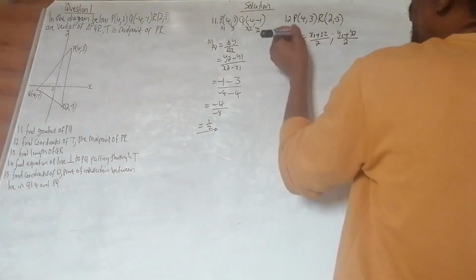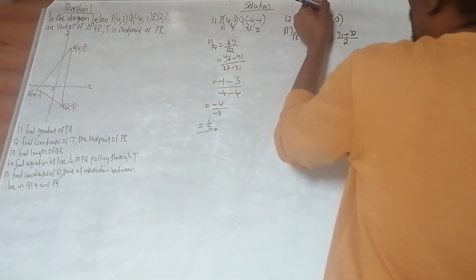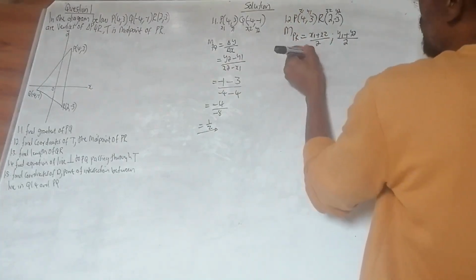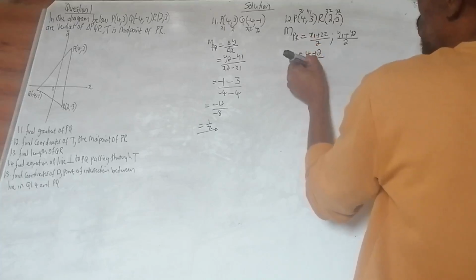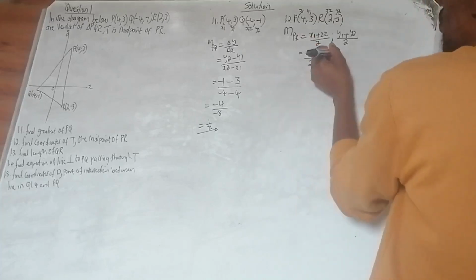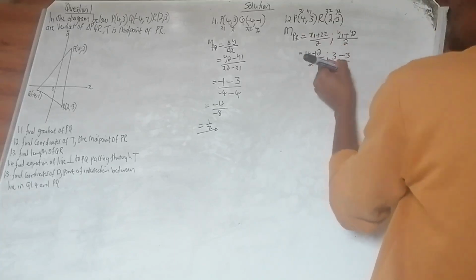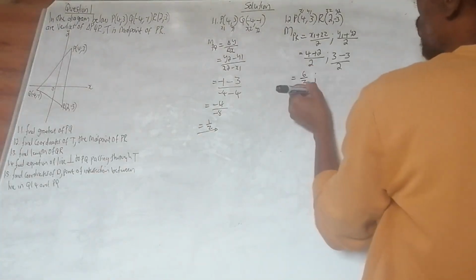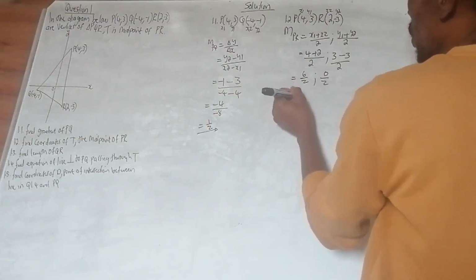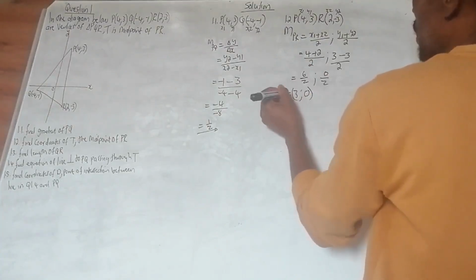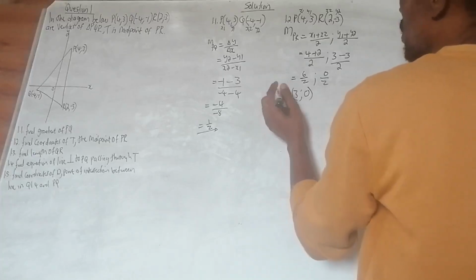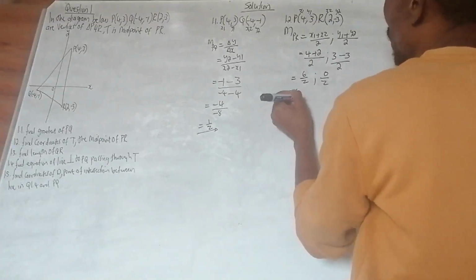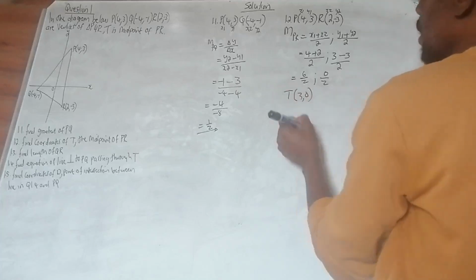Your x1 is 4, your x2 is positive 2, you divide that by 2. Your y1 is 3, minus 3, divided by 2. You get a value of 6 over 2, 0 over 2, 3 and 0. These are the coordinates of T. You can just say the coordinate of T is 3 and 0.